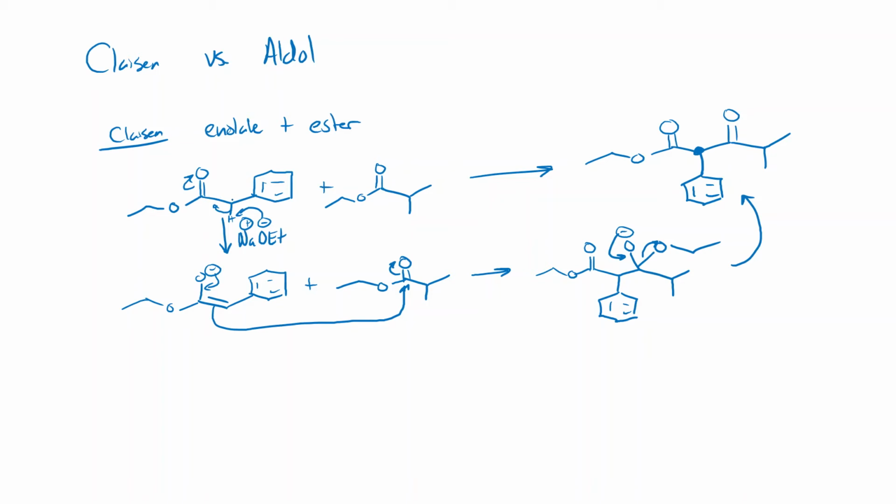We have 2 carbonyl carbon, alpha carbon, and 6 carbons on the benzene ring. Over here we have carbonyl carbon and then 3 carbons of the isopropyl. So we have 8 carbons and 4 carbons. If we add all these up, we have 12 carbons plus whatever ester group we have here. But notice that we always get a 1,3-dicarbonyl in this case. Okay.